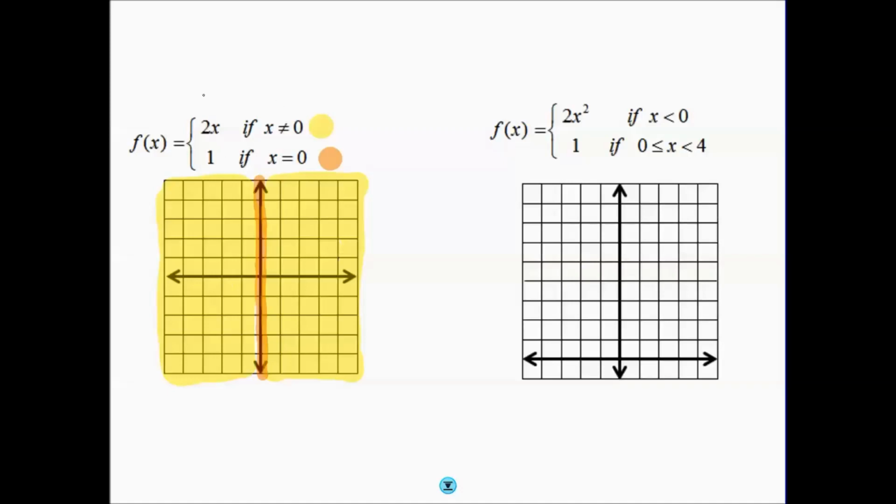Now, for my first equation, I have y equals 2x, so my y-intercept is 0, but I can't put a point on the y-axis because that's not shaded yellow. So I'm going to put an open circle, and then my slope is 2, so I'm going to go up 2 and over 1.